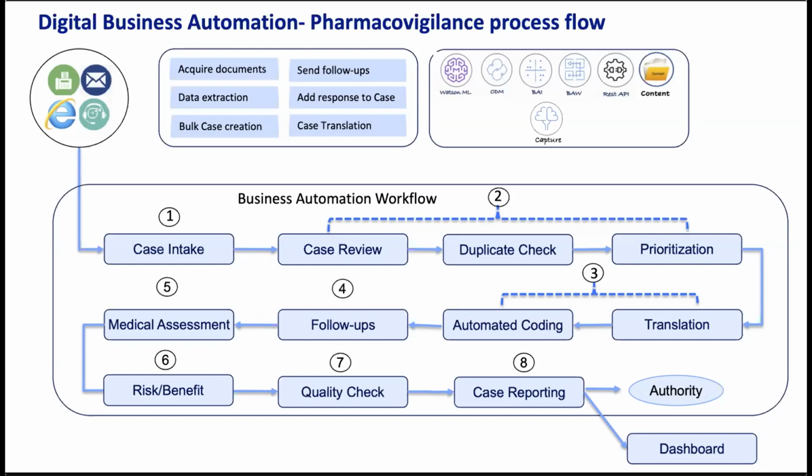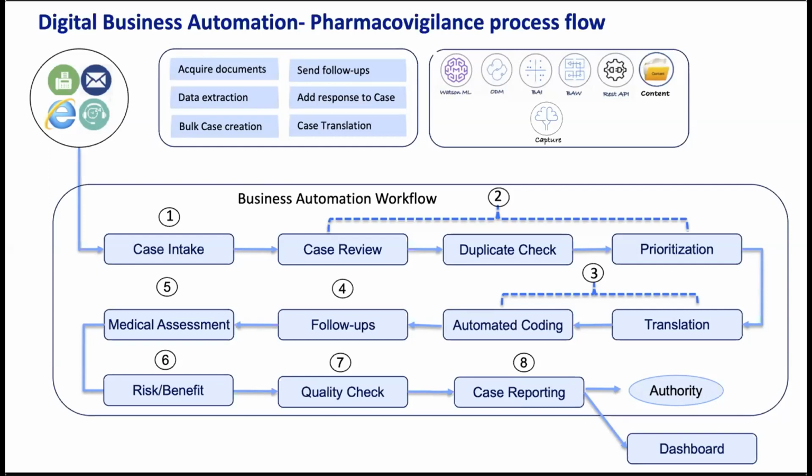But what we see time and time again is a lot of work and time being devoted to case review, deduplication, and prioritization, which can easily be automated. Unfortunately, for one reason or another, it has not been automated yet in a lot of industries, not just pharma.